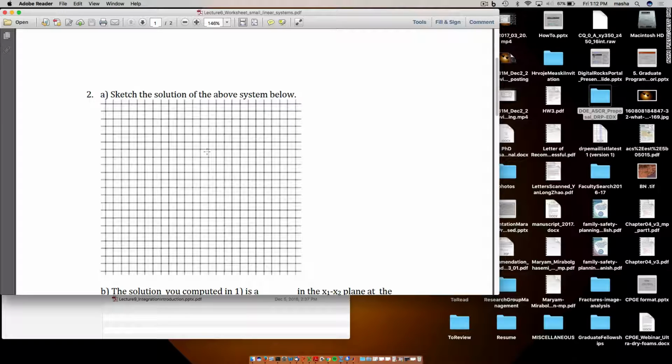So move on to the next page, and why don't you all work on 4 and 5 before I get to it.